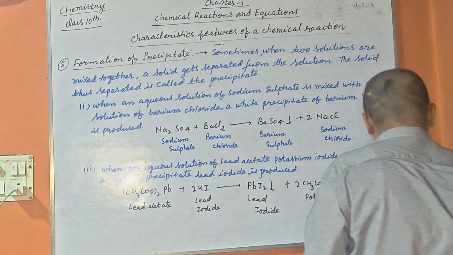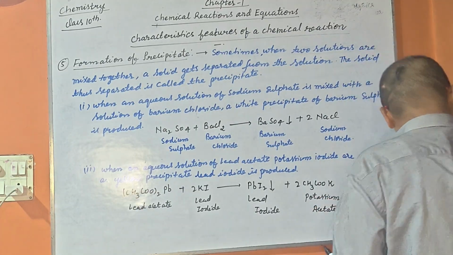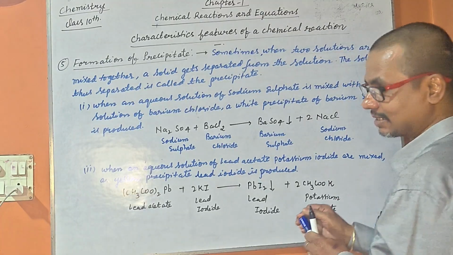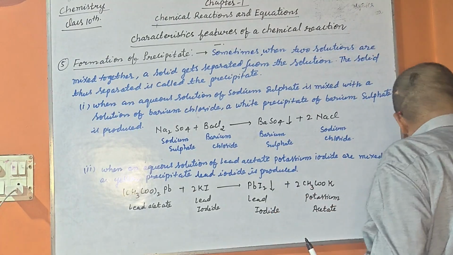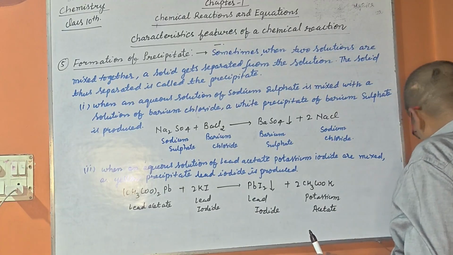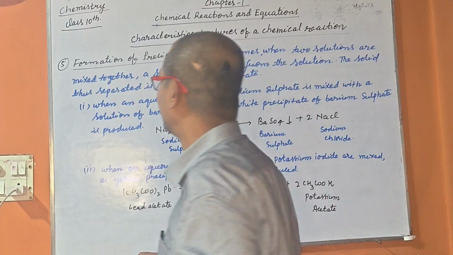So my dear students, there are 5 types of characteristic features of chemical reaction. First one is the change in physical state, second is the change in color, third is the evolution of gas, fourth is the change in temperature, and fifth is formation of precipitate.